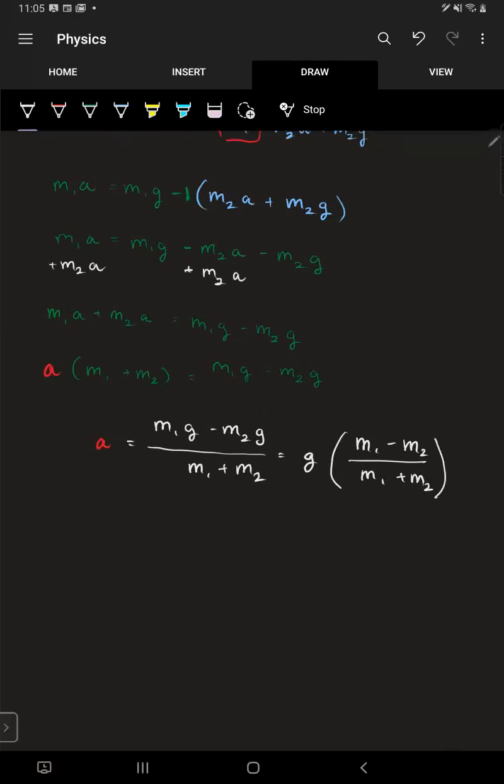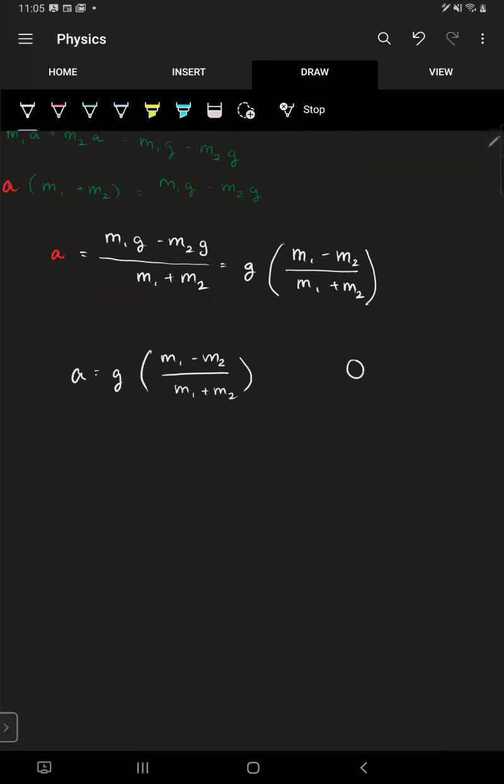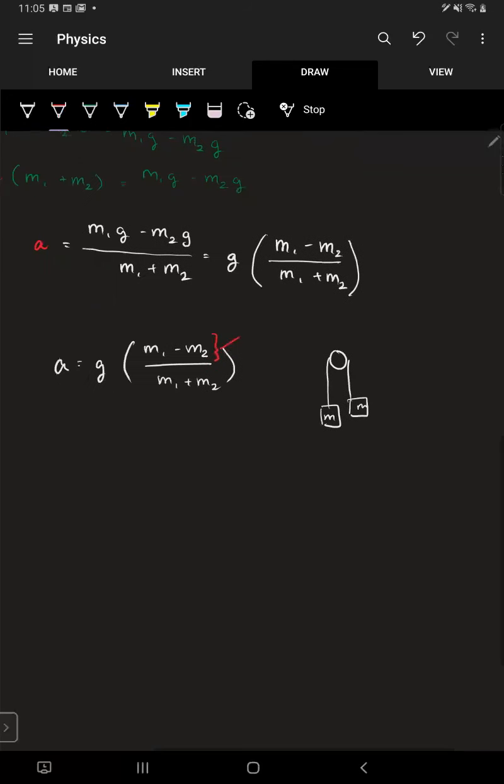And now, does that make sense though? Why does A equal gravity times m1 minus m2 divided by m1 plus m2? Wouldn't it make more sense on a pulley to just subtract the masses? Well, you can't really do that. The numerator is the subtraction part. It's saying that one mass's weight will stop the other mass's weight.